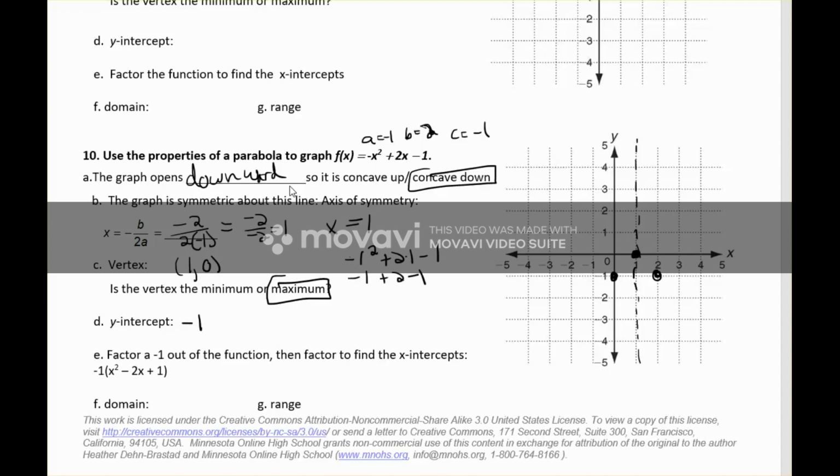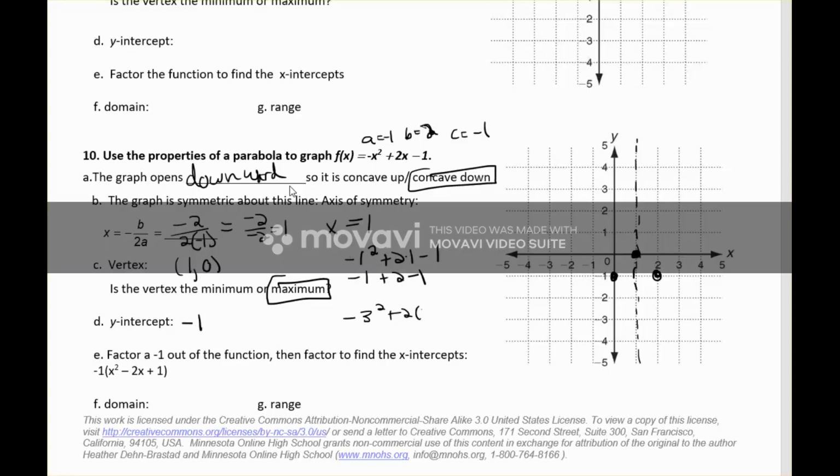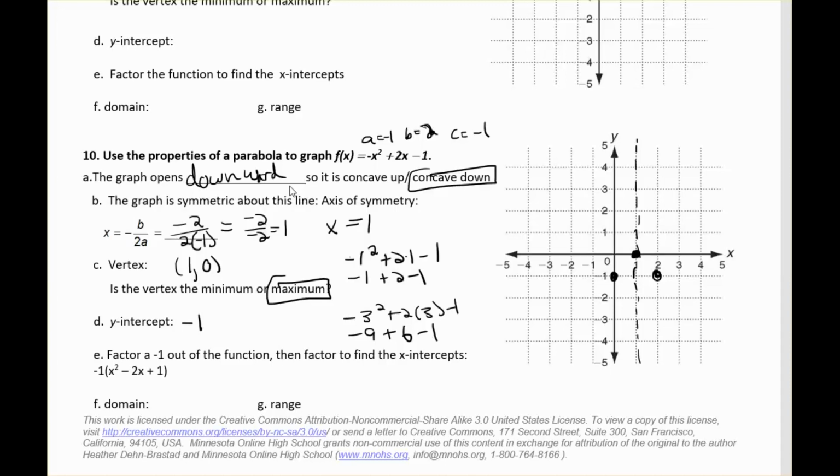Let's see, if I let x be 3, let's see what I get. So if I plug 3 into this equation, I would have negative 3 squared plus 2 times 3 minus 1. So that would be negative 9 plus 6 minus 1. Negative 9 plus 6 is negative 3, minus 1 would be negative 4.